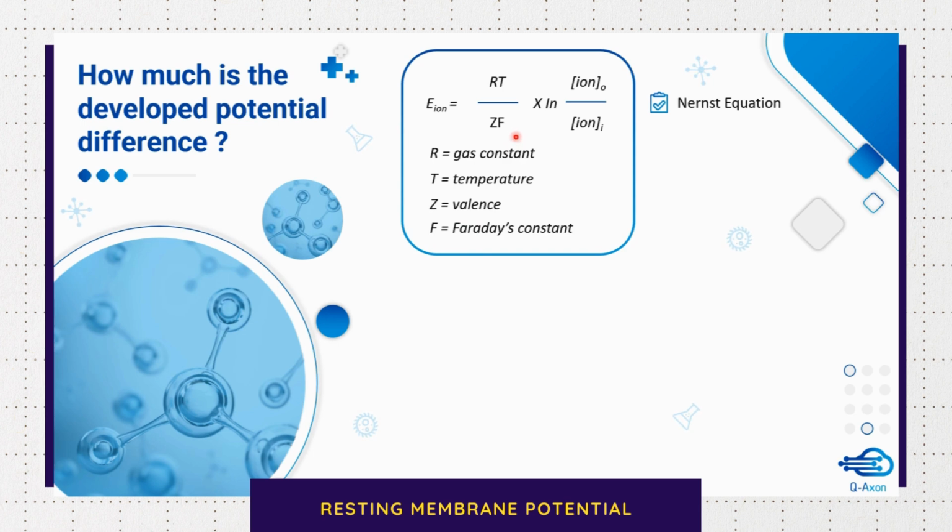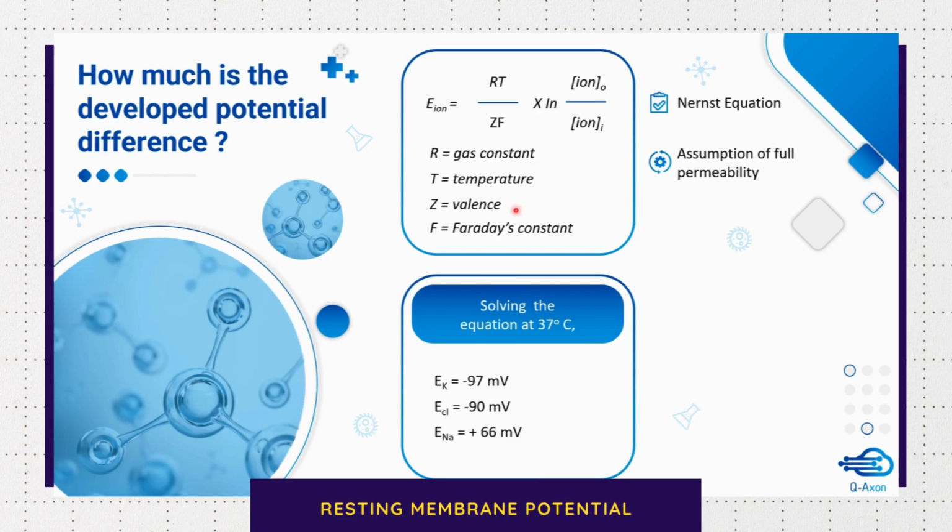We will not go into the mathematics of this, but with the Nernst equation, one thing should be clear: it assumes full permeability of the membrane for that particular ion. That means the membrane cannot increase its permeability anymore and the ion can freely move across the membrane.